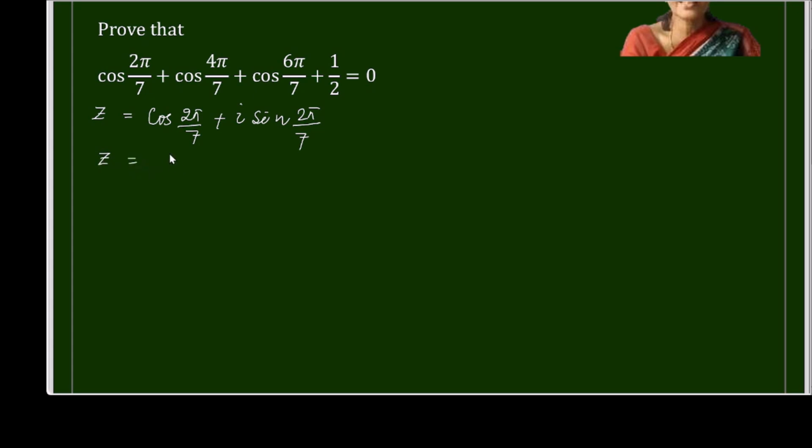cos theta plus i sin theta, then 1 over z, or the reciprocal of the complex number, is cos theta minus i sin theta.